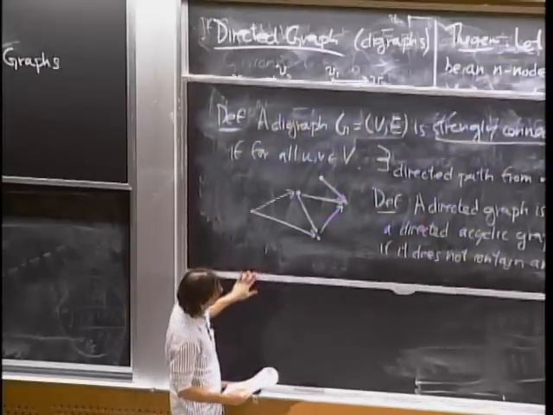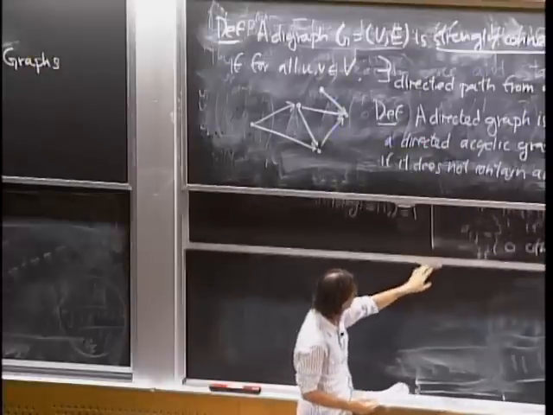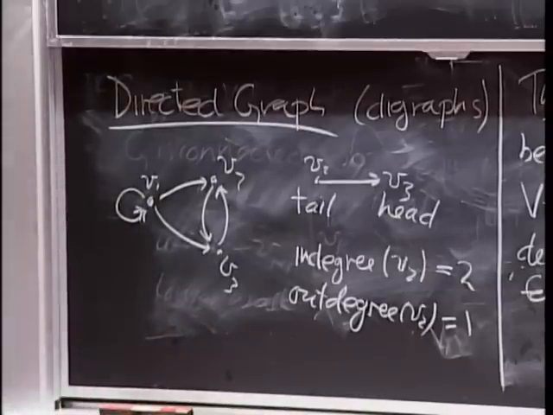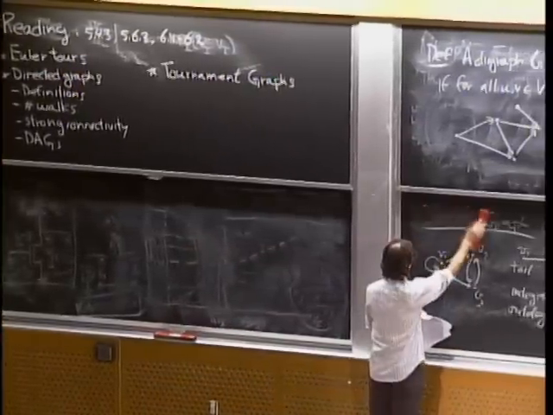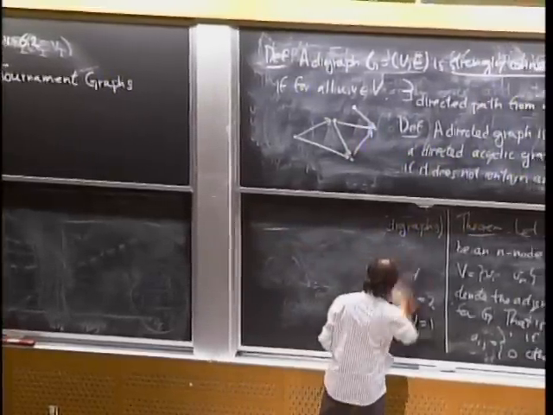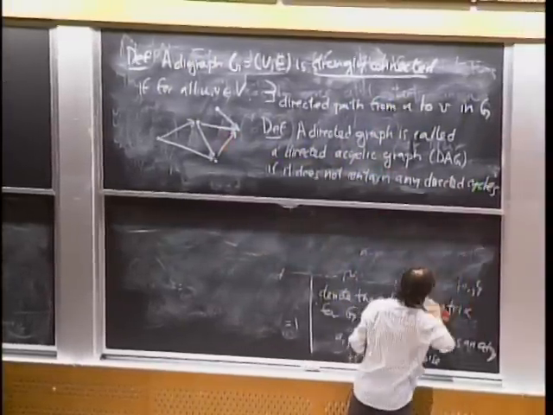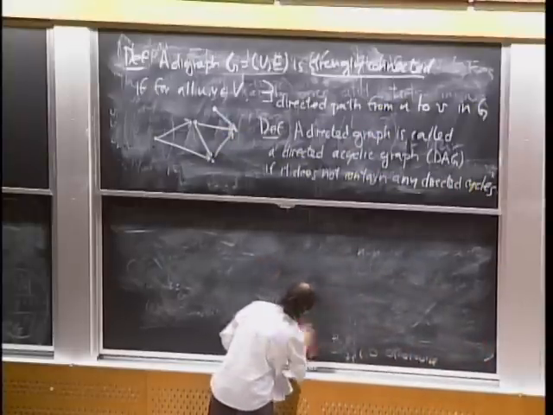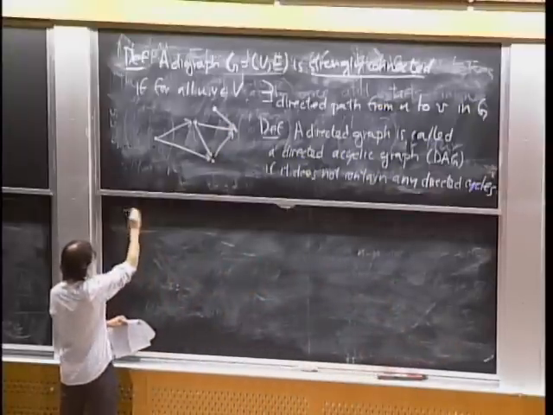Okay, so now we have done a lot of definitions concerning directed graphs. Now let's talk about these very special ones, tournament graphs, and see whether we can prove a few really nice properties, theorems about them. Let's see whether we can figure that out together. So what is a tournament graph?